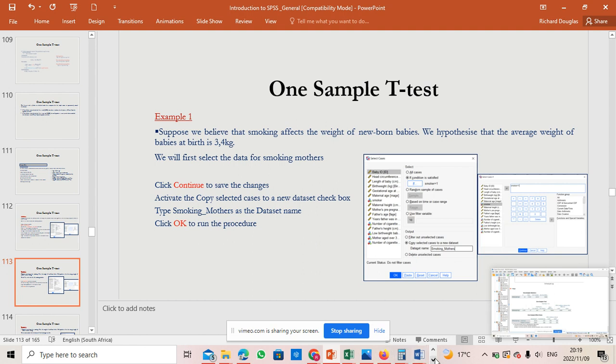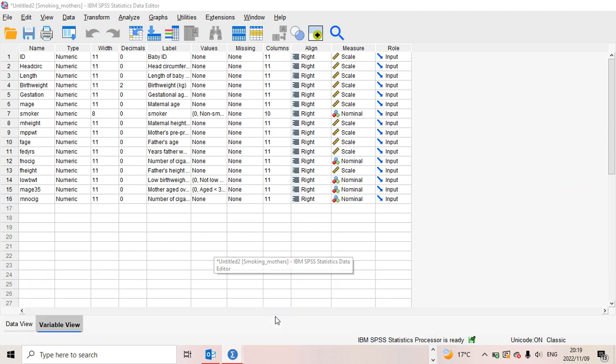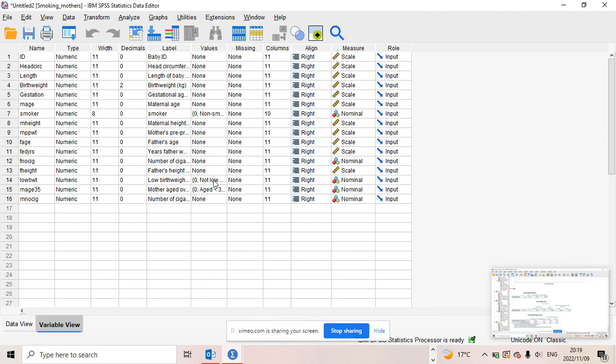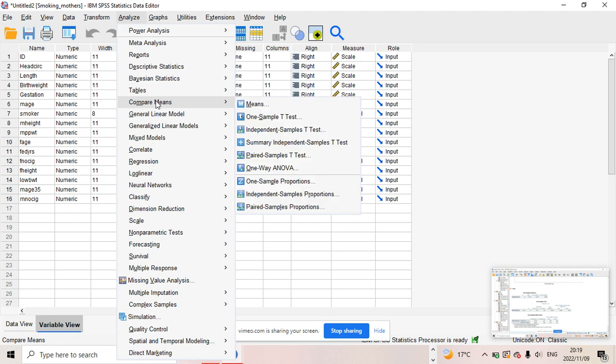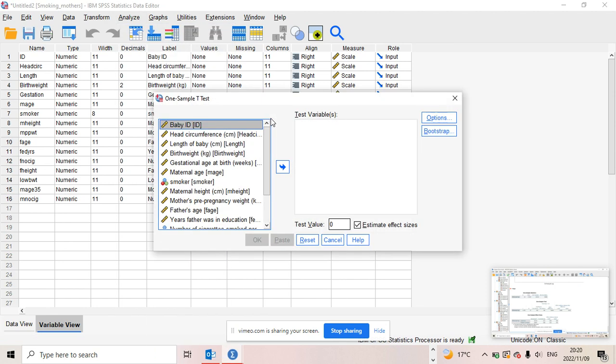So what we need to do next is to carry out the analysis. How do you do that? You click on the icon analysis, then go down to compare means, then click on one sample t-test. Here we go. Remember, what we are interested in is the birth weight, right?